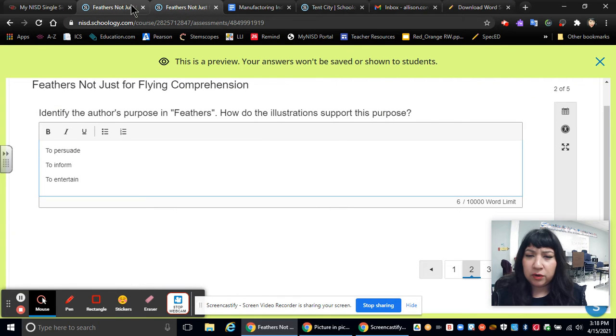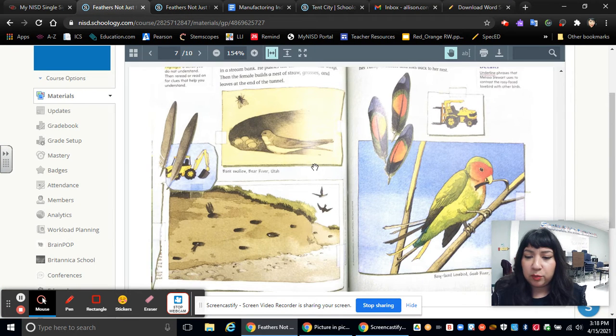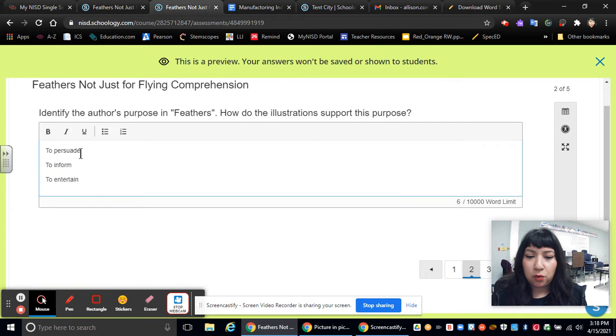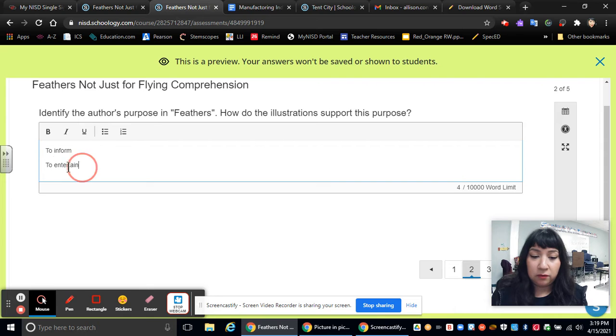So how does that support which purpose? Well, we know it's going to be to inform because we already said on number one that it's informational. So we know it's going to be to inform, right?